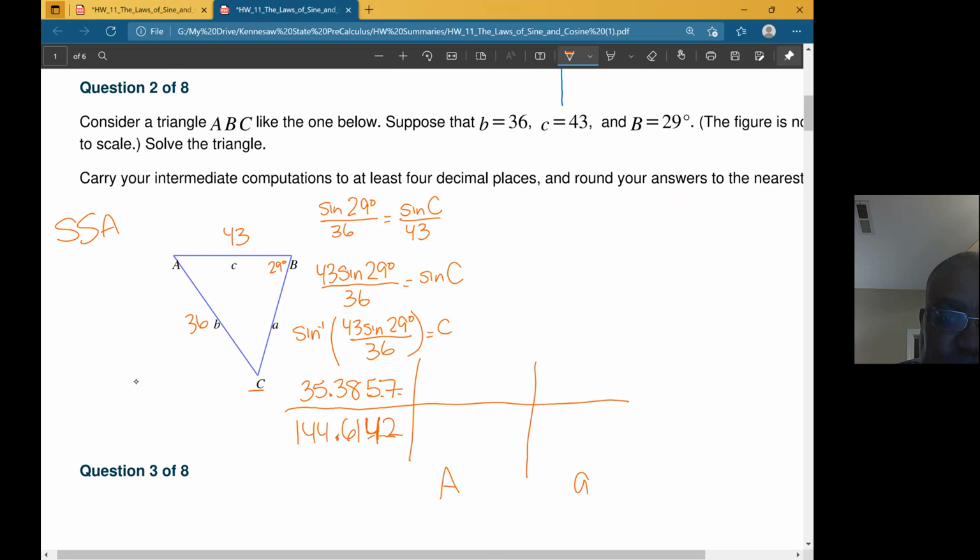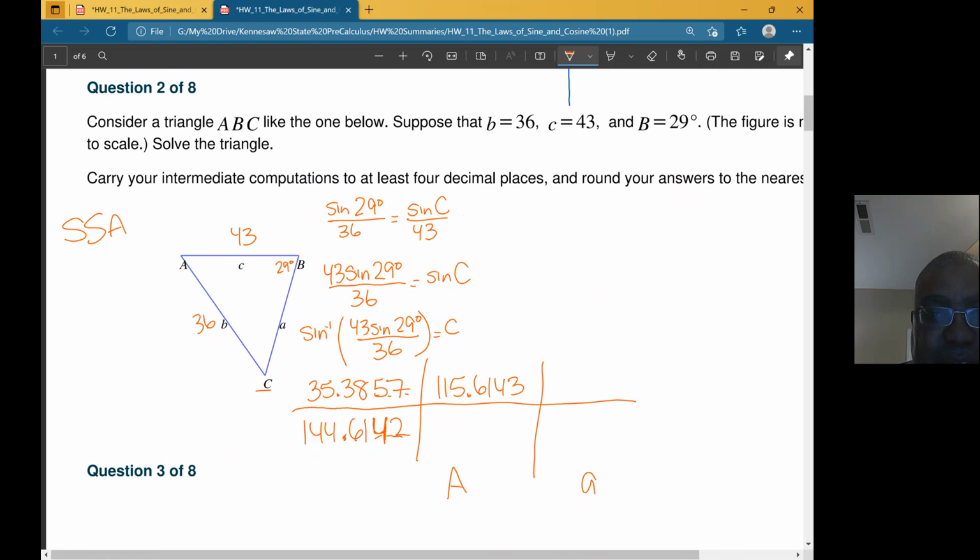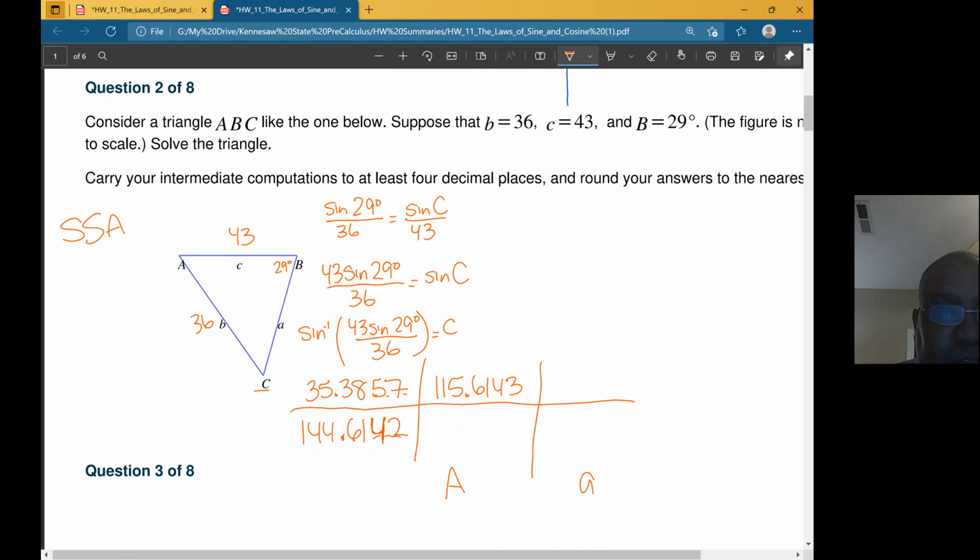I'll run it to 4 places: 115.6143. Okay, when we actually give our answer, we'll round to the nearest tenth, but we're not there yet. We're still working with the stuff.